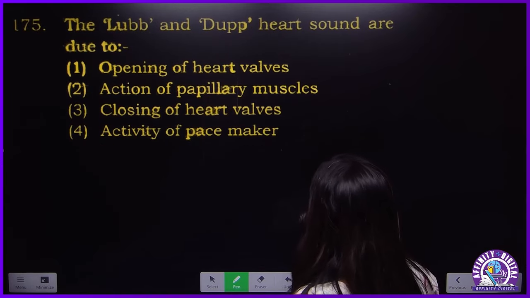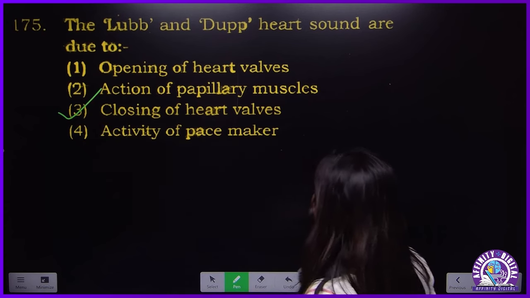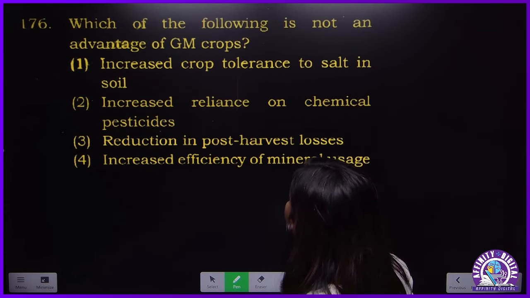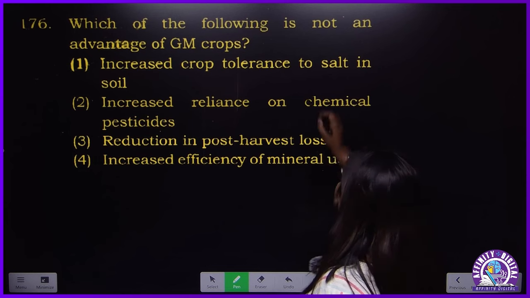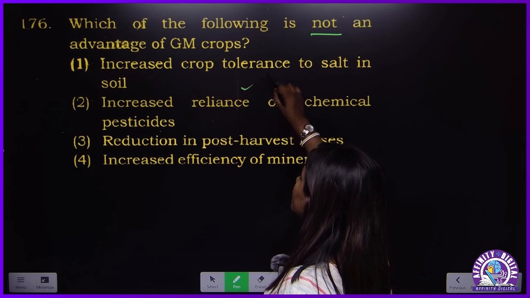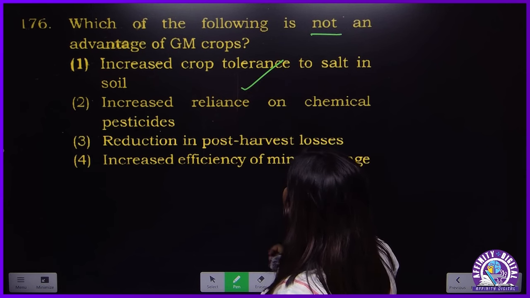The lub and dub sound are due to the closing of the heart valves. Which of the following is not an advantage of the GM crop? Increased crop tolerance to salt in the soil. ठीक है, it is an advantage.